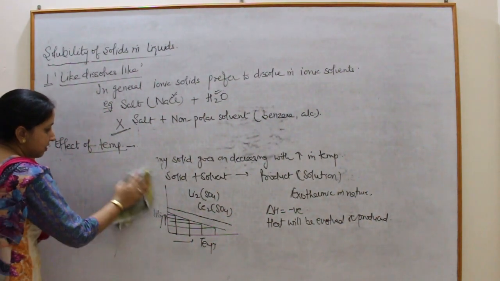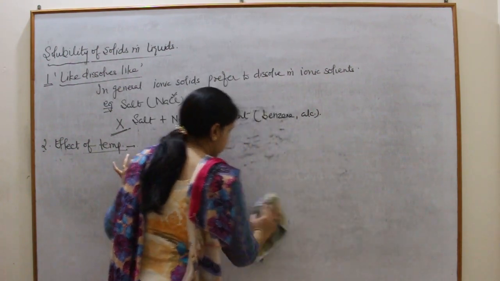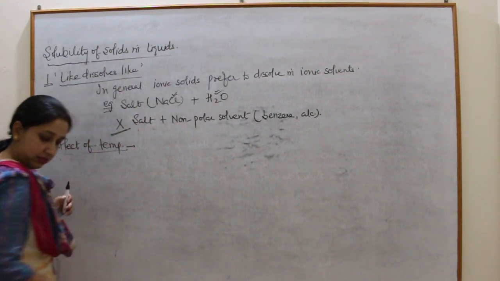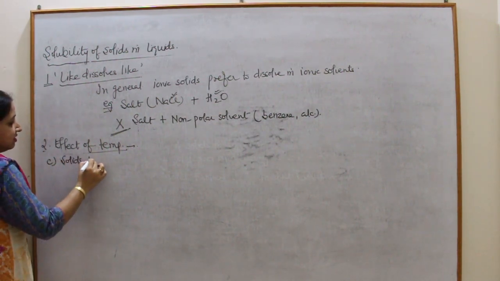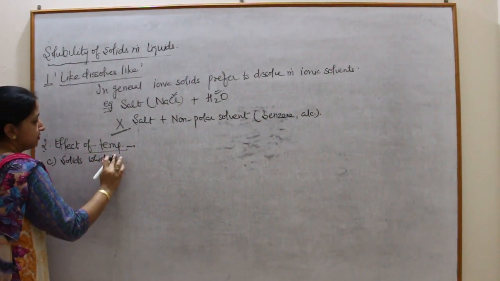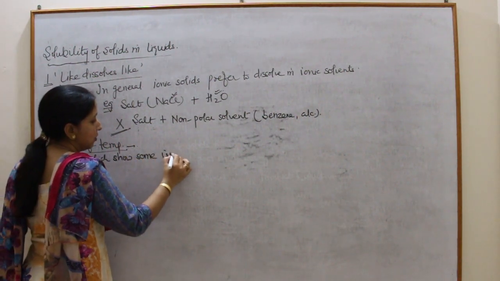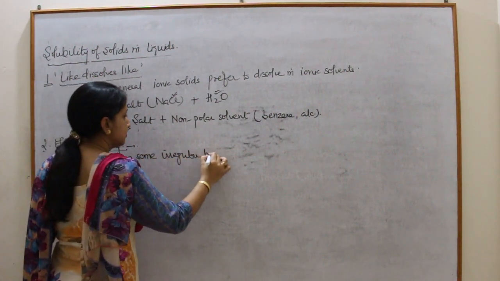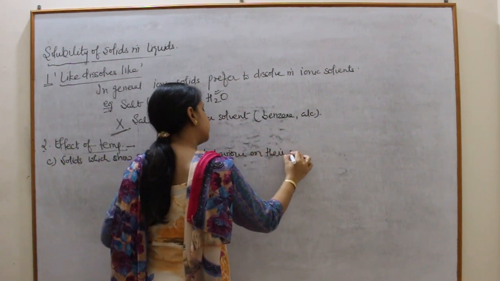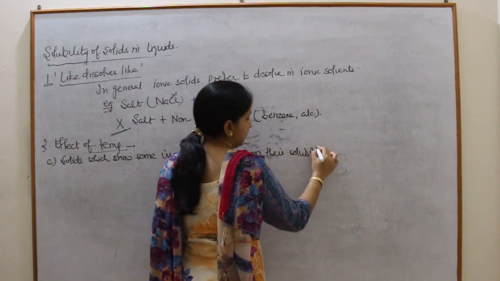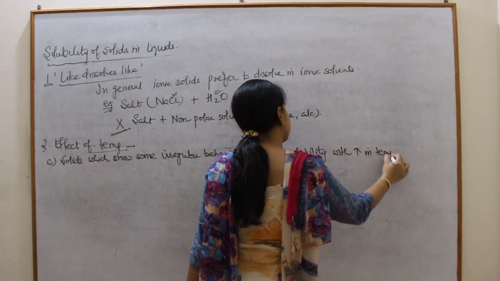So the third type of solids which show the effect of temperature, third type solids which show some irregular behavior on their solubility with increase in temperature.